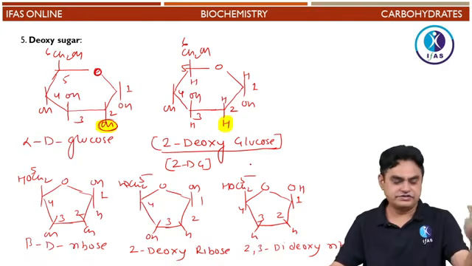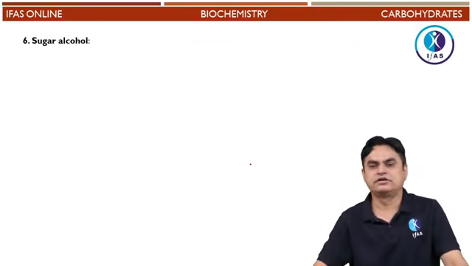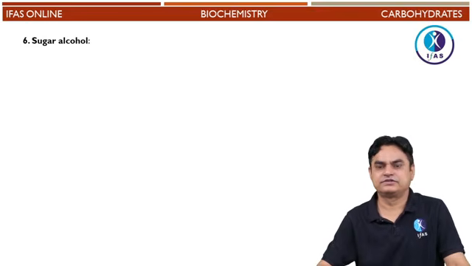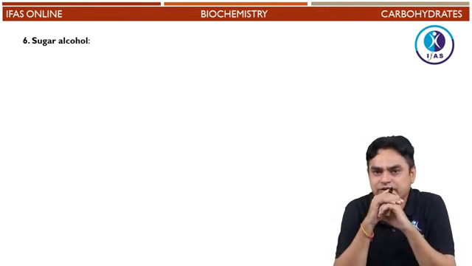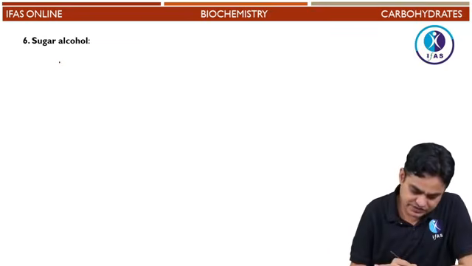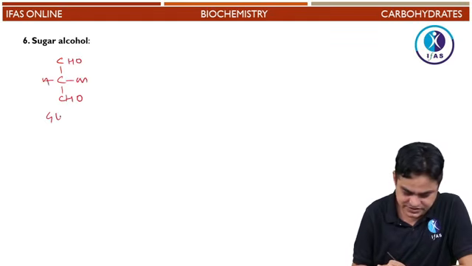Similarly, my dear friends, there could be modified sugars referred to as alcoholic sugars, where instead of CHO you have an OH group. For example, this is a structure you know. This is glyceraldehyde.